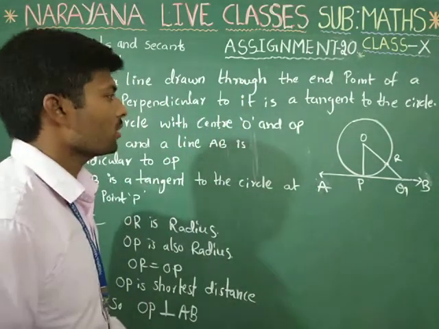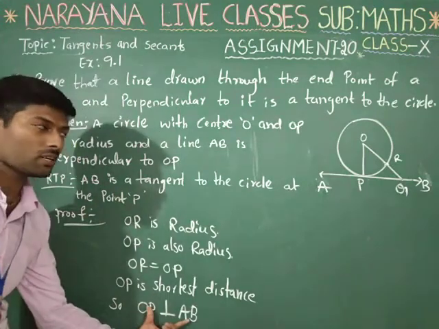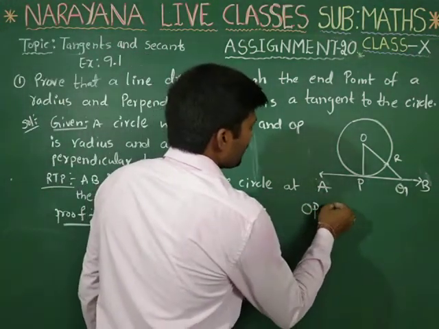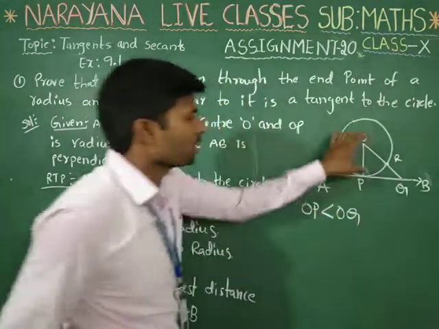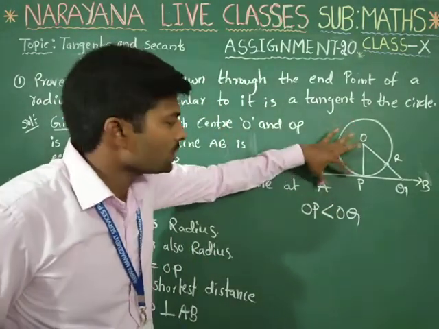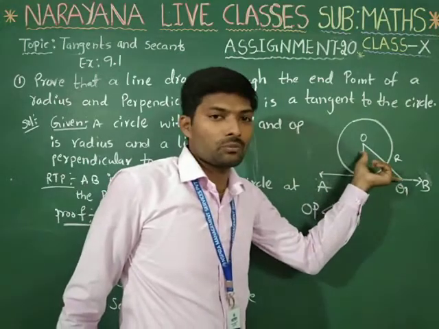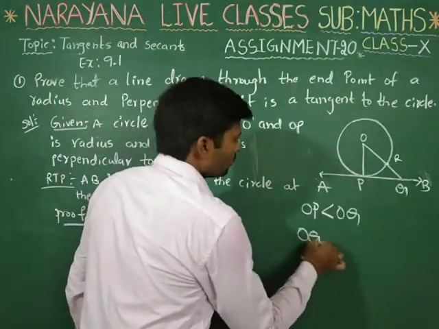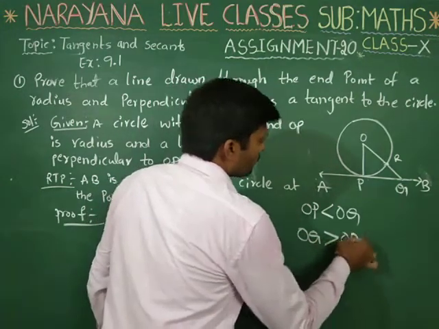So these two are perpendicular to each other. Now let's take OP which is less than OQ. Whatever, if you take the radius OP, it is less than this length OQ, from the figure. Otherwise we can take OQ which is greater than OP.